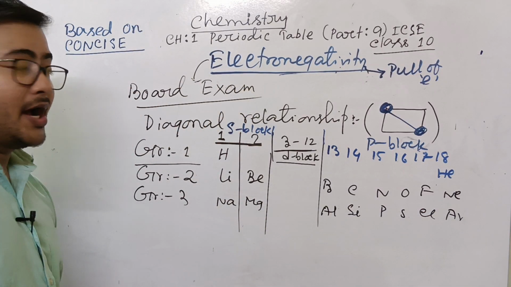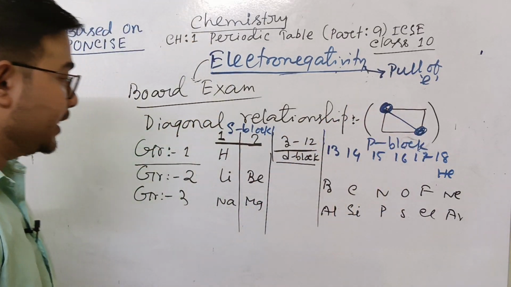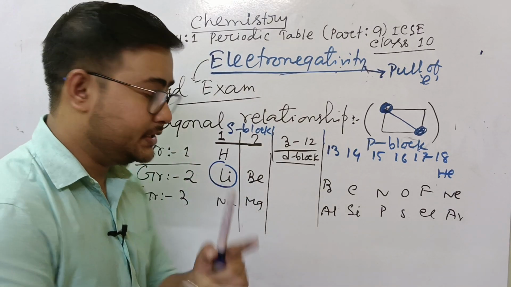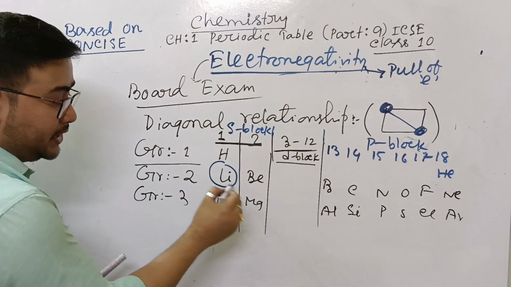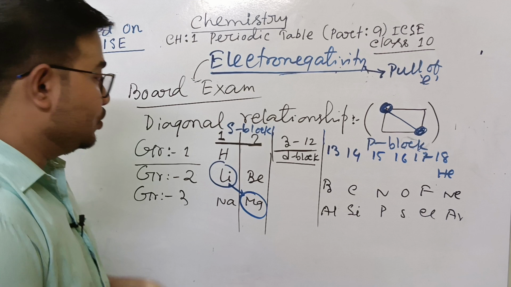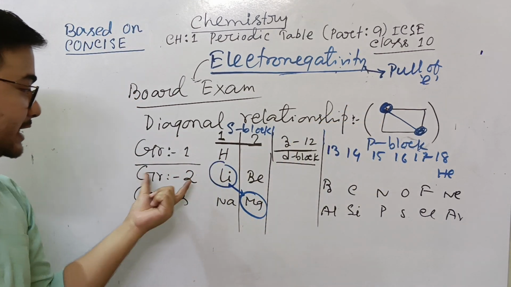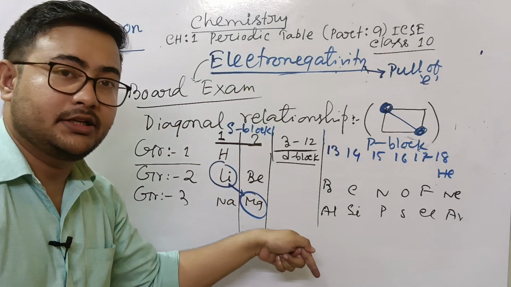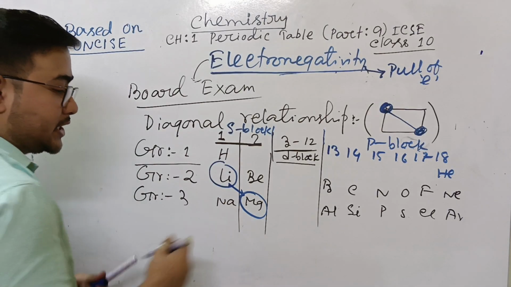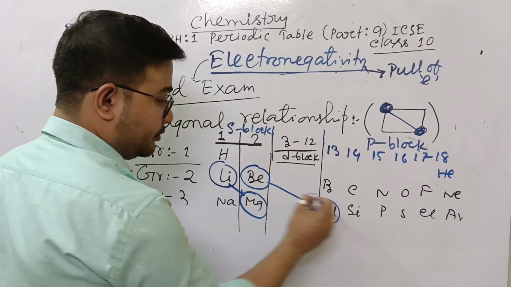I already discussed what diagonal means, one corner to another corner. Look at the board. If you start from lithium and move diagonally, which element comes? Magnesium. So you have to start from the first element of group 2 and move diagonally, not horizontally, not vertically. If you start from beryllium and move diagonally, aluminium will come.